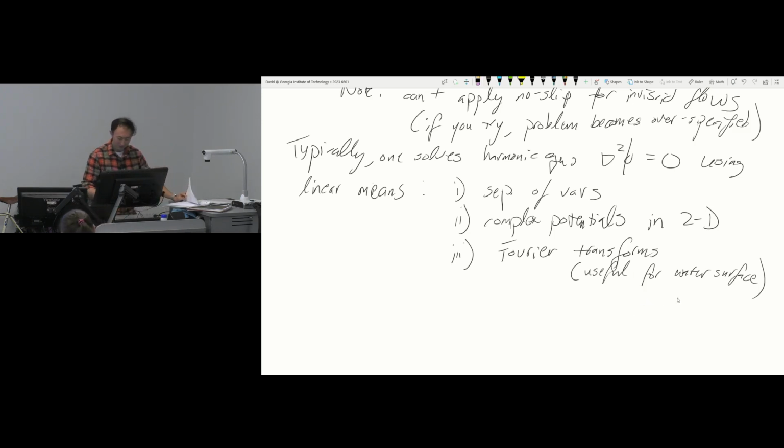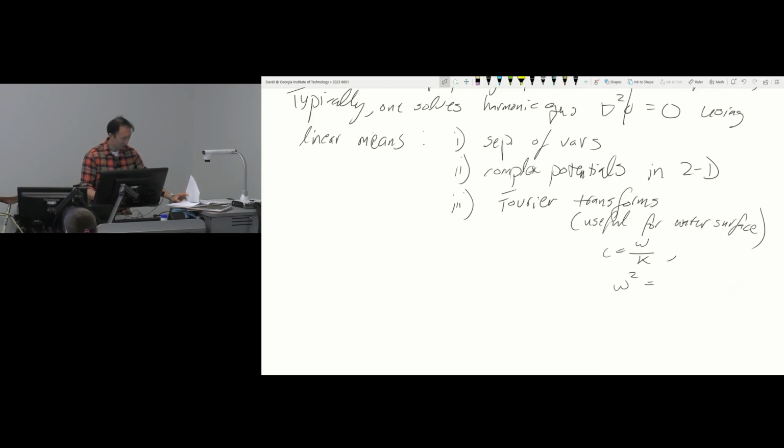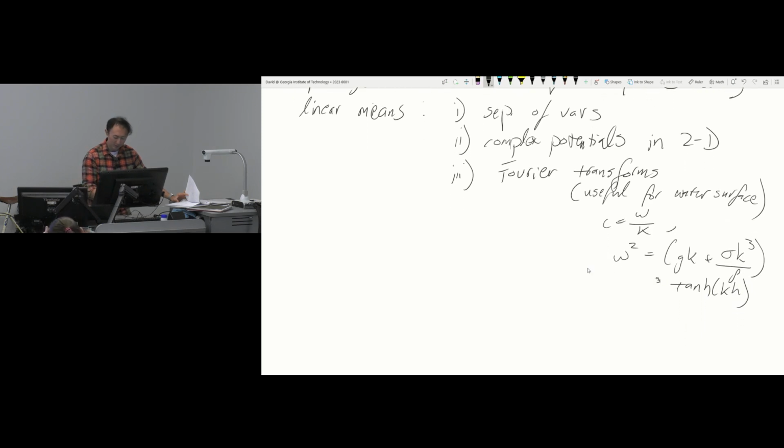Basically, the wave speed of water is c equals the frequency over k, where you can use the boundary conditions to solve for this thing called a dispersion relation, which is gk plus sigma k cubed over rho times inverse tan of kh. And this is called the dispersion relation.